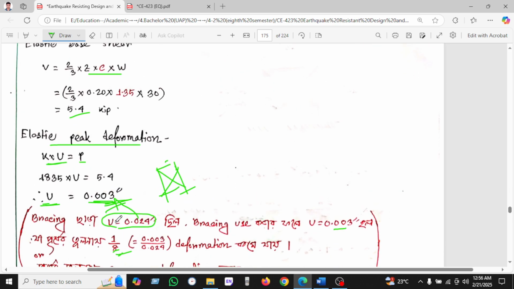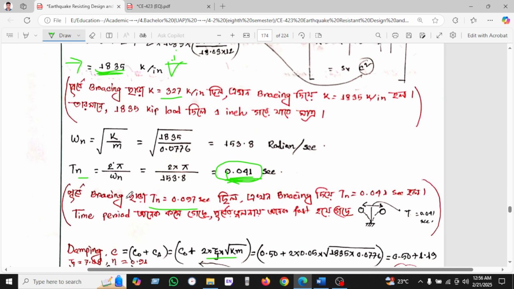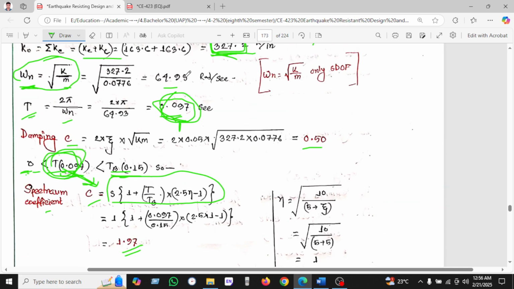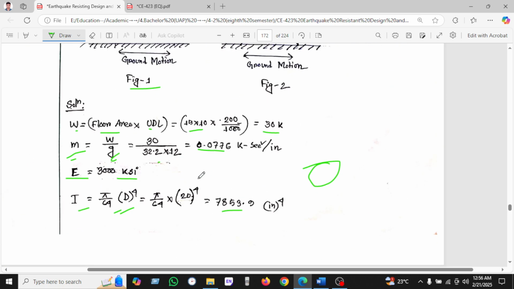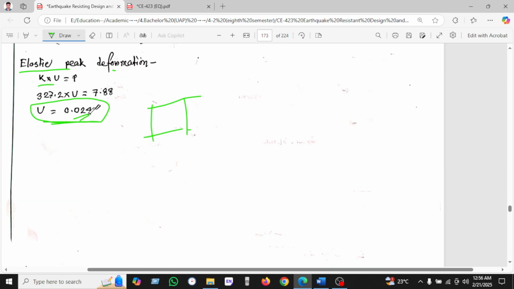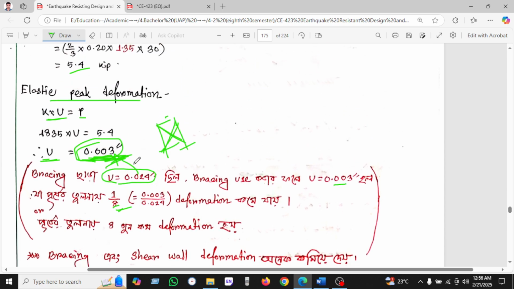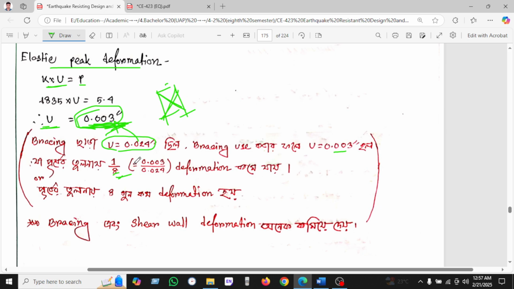So as we use bracing, we found 0.03 deflection. On the other hand, in the previous calculation we found 0.021 without bracing, where there is no bracing on the structure. 0.024, and when we use the bracing, then we found 0.03, which is 1 by 3 times less.